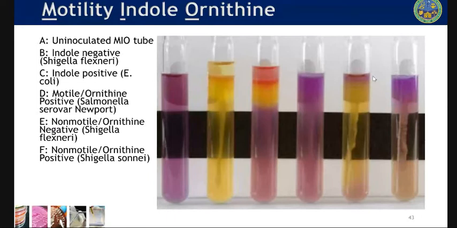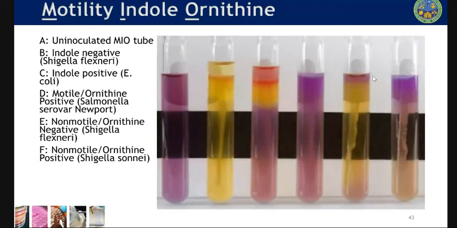And then there would be a purple color, so that would be positive for ornithine decarboxylation. That would be an example of Salmonella Citrobacter Newport, although this is not common really. Then you also have non-motile, ornithine negative, the fifth tube from your left.